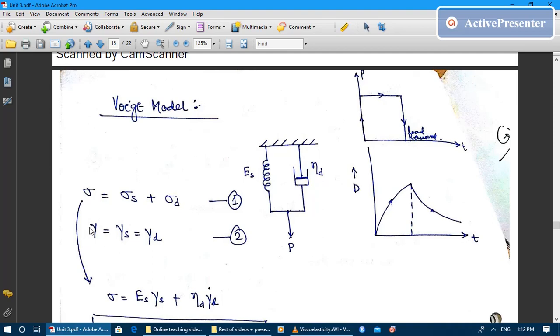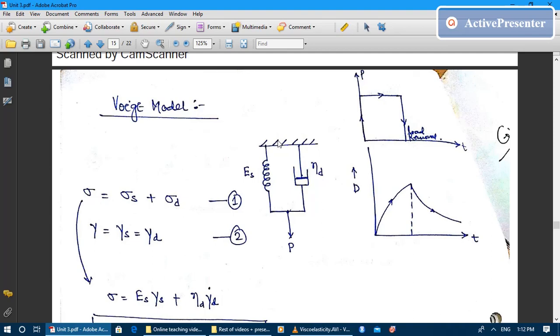So gamma is equal to gamma S is equal to gamma D. Whereas the overall stress in the model, sigma, is equal to the stress in the spring plus the stress in the dashpot. In the Maxwell model, which was connected in series, stress was the same, but here the overall stress in the model, sigma, is going to be the sum of the stress in the spring plus the dashpot.